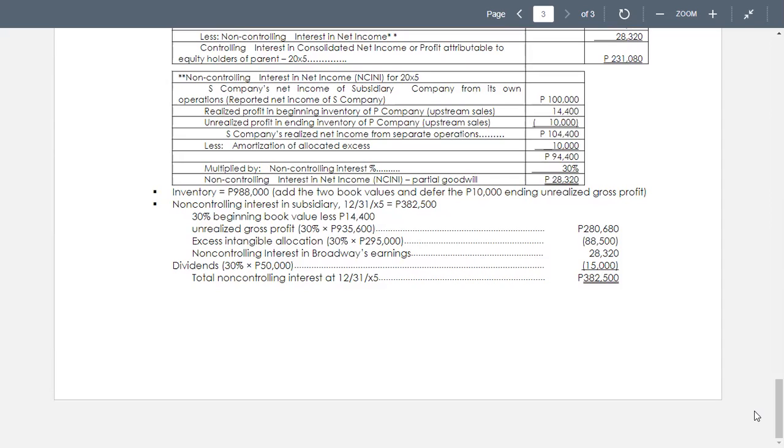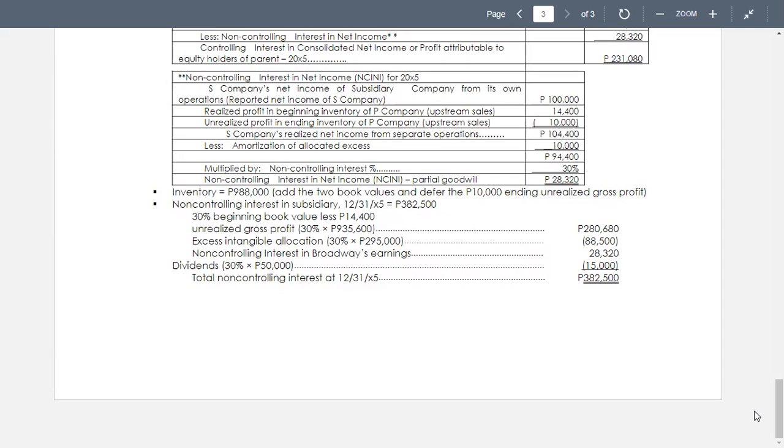sales from salad, 66,000. Then we add realized profit in beginning inventory of P company, upstream sales, tuna, 63,000. So add 66,000 and 63,000.